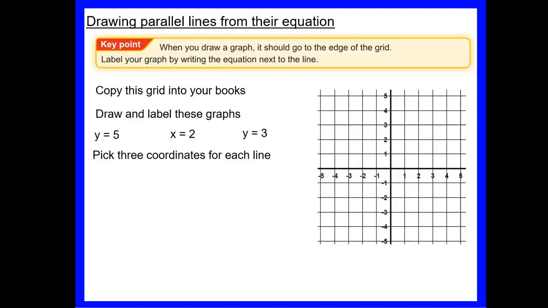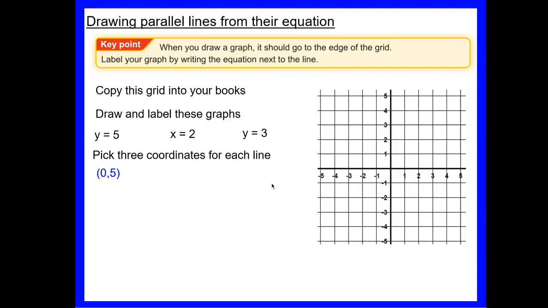Okay, now that we've got that copied down then, we're going to have a go at drawing and labeling these 3 graphs. So we're going to start with y equals 5, and we're going to pick 3 coordinates for each of these lines. Now, if it tells me that y is equal to 5, that means of my 3 coordinates, the y coordinate needs to be the number 5 each time, and my x coordinate has to go between -5 and 5, because they're all the values of x that I've got on my grid here.